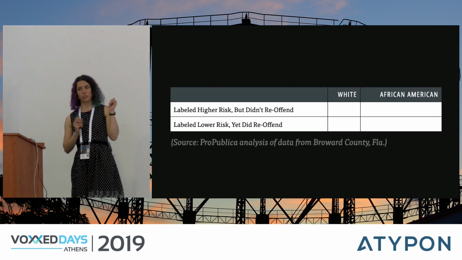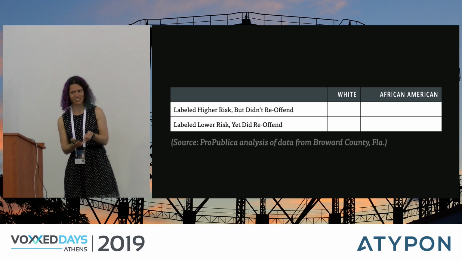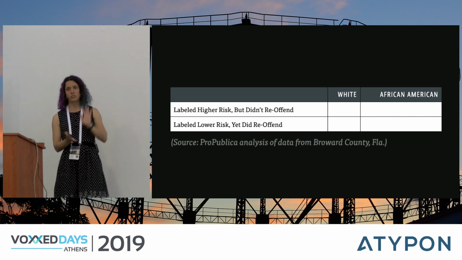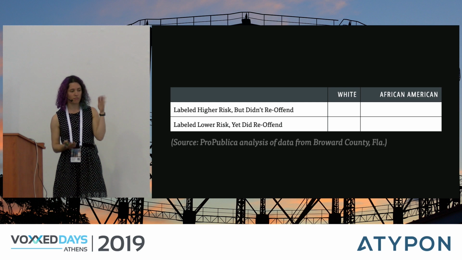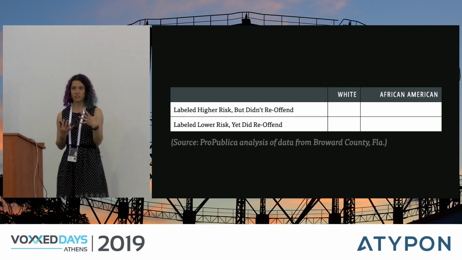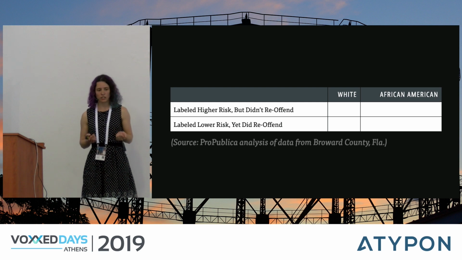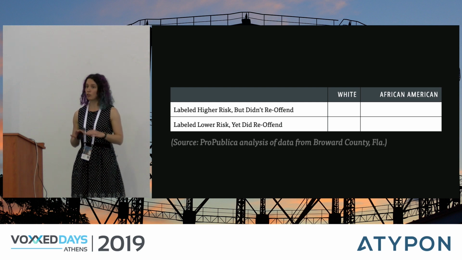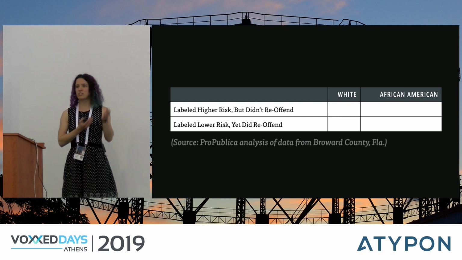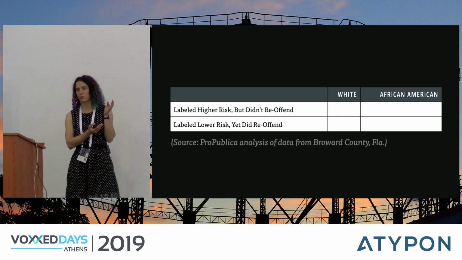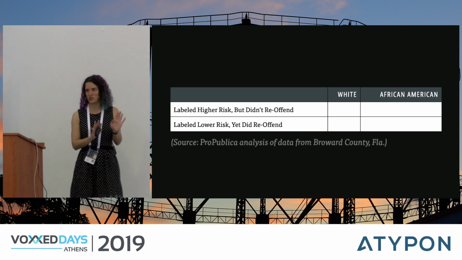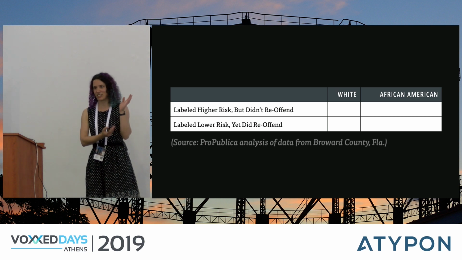So here we're going to look at the false positives and the false negatives of two different groups. The first is someone who was labeled high risk to reoffend, but actually didn't reoffend. The second group is people who were labeled low risk, unlikely to reoffend, but actually reoffended. So these are the two things that, when training a model, we will be optimizing not to have too much of, because these are the error states.